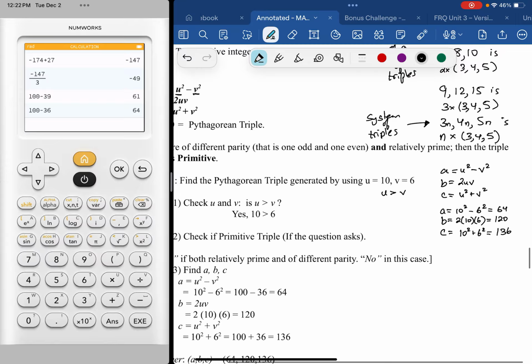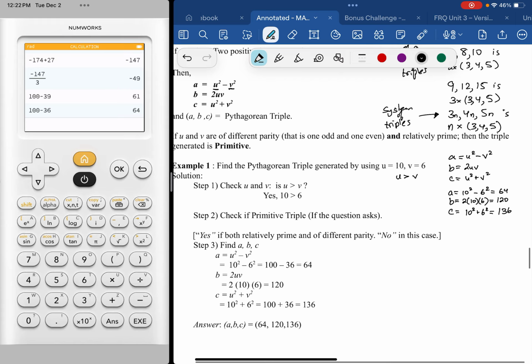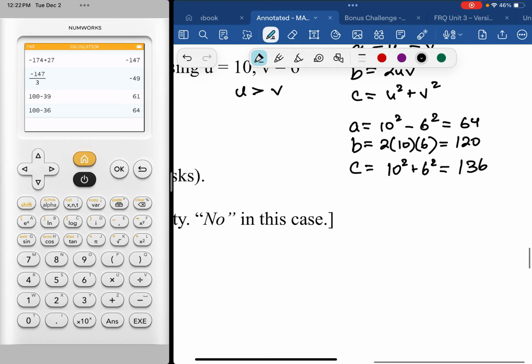So the A, B, and C values are found, and that would give us a Pythagorean triple. But like I said before, I'll verify that for you, because a squared plus b squared should be equal to c squared. So 64 squared plus 120 squared should be equal to 136 squared.